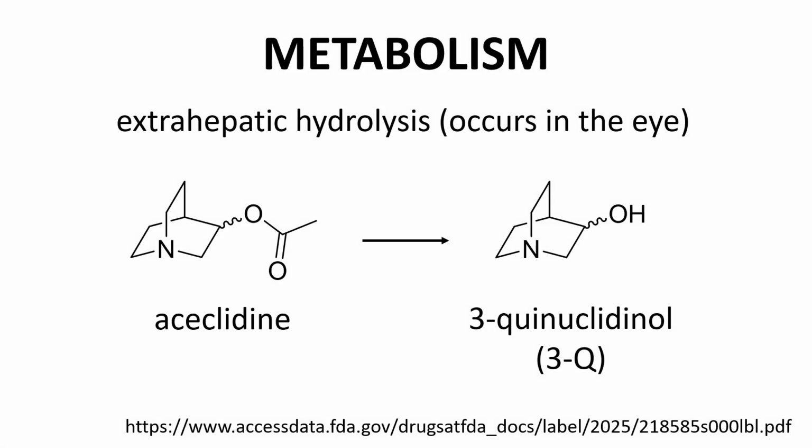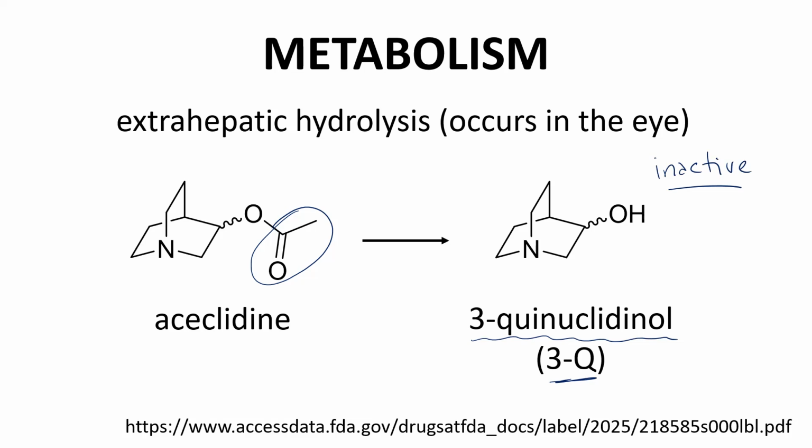Like acetylcholine, aceclidine is rapidly broken down in the body via hydrolytic reactions. In aceclidine, the acetyl group is cleaved to form 3-quinuclidinol, or 3Q, which is an inactive metabolite.